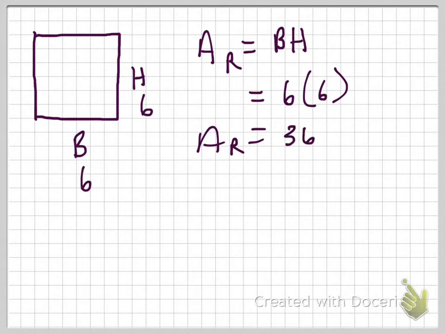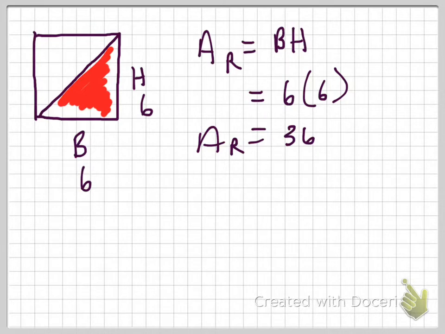Now, what if I drew a diagonal line like this? I think we could agree that if I shaded in this part over here, that would be half of the total square. So the area that would be shaded in red would make up half of the square.